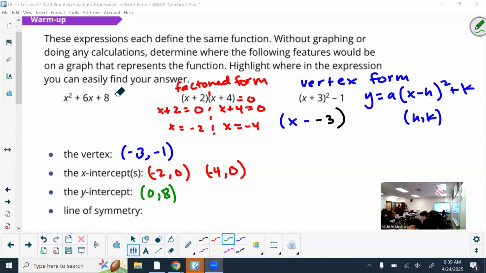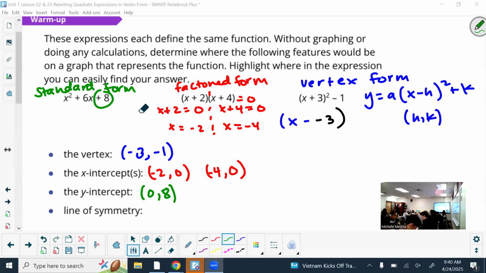And the y-intercept is most easily seen in, what form is this called? In standard form. That's really the only thing we can easily see when it's in standard form. The constant is always the y-intercept. Or if you think of those real world problems, the starting height was always a constant. That's the same thing, it's our y-intercept. So there will only be one y-intercept. The x-intercepts, there can be 2, there can be 1, there can be none.